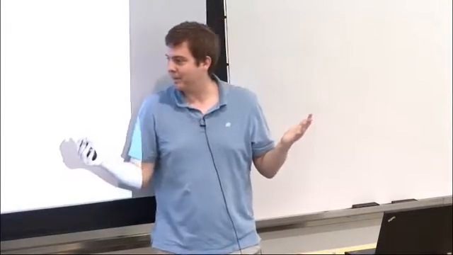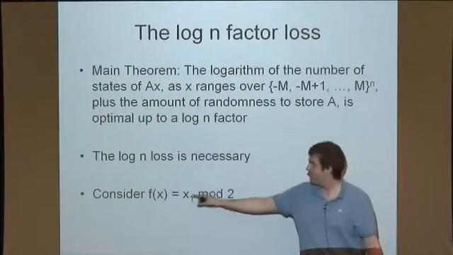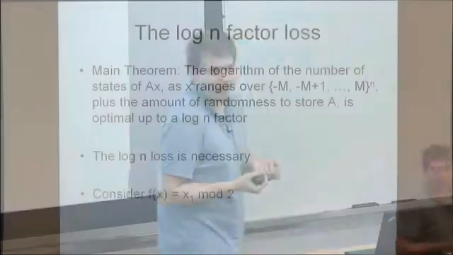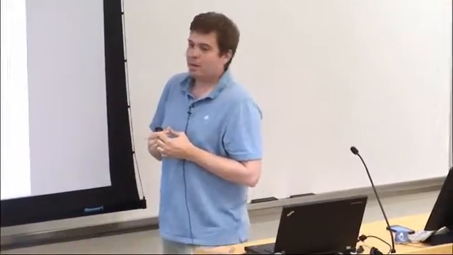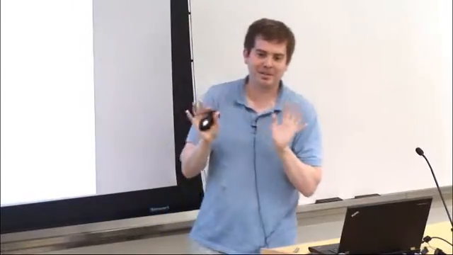So basically, I went from 2 states to n states. There is a log n factor loss that is necessary if you want a linear sketch over the integers. That makes sense? Wait, is it n and not m? Yeah, m I'm saying is poly n. So it's a log m, yeah.